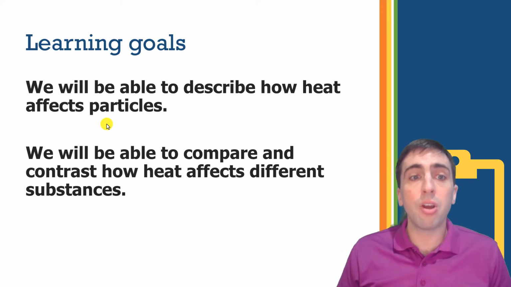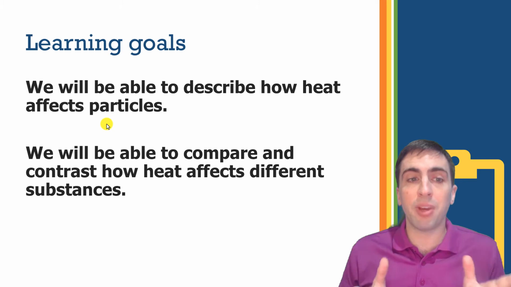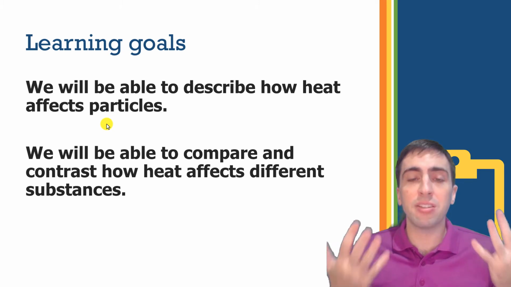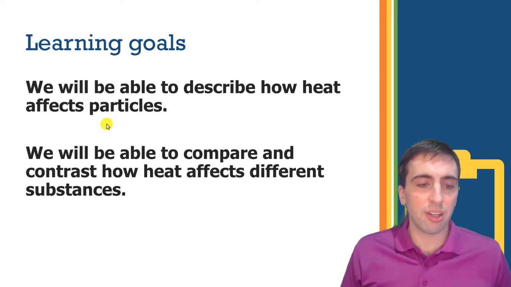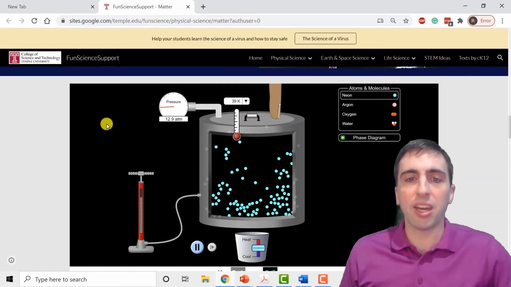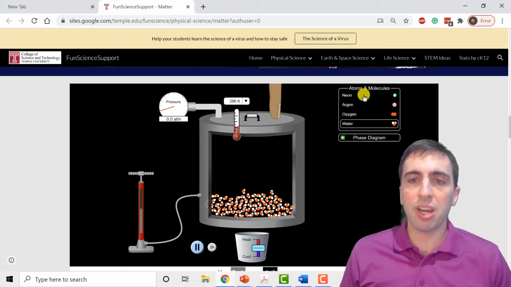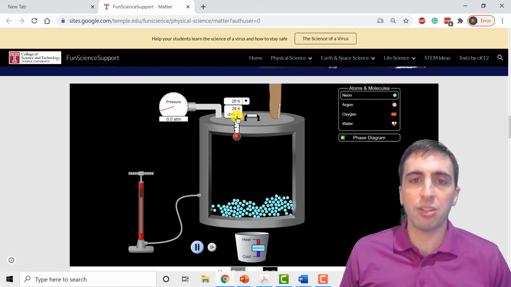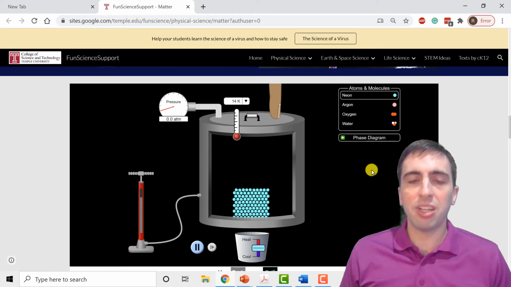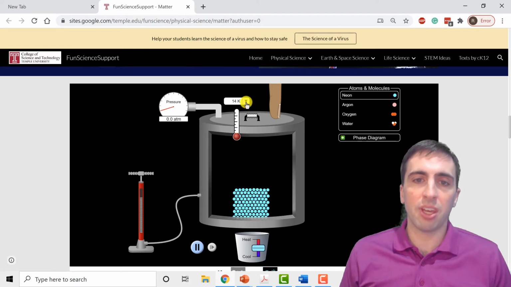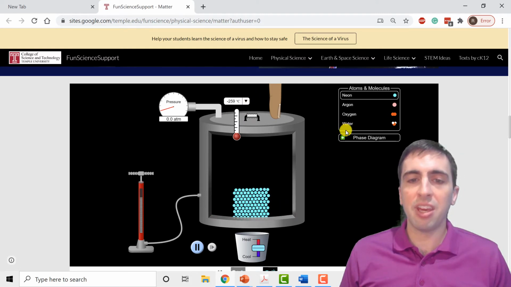Second learning goal. We will be able to compare and contrast how heat affects different substances. So we can go back. And remember, if we click up here, we can change our substance. I need to go back to Celsius. Okay, Celsius again.